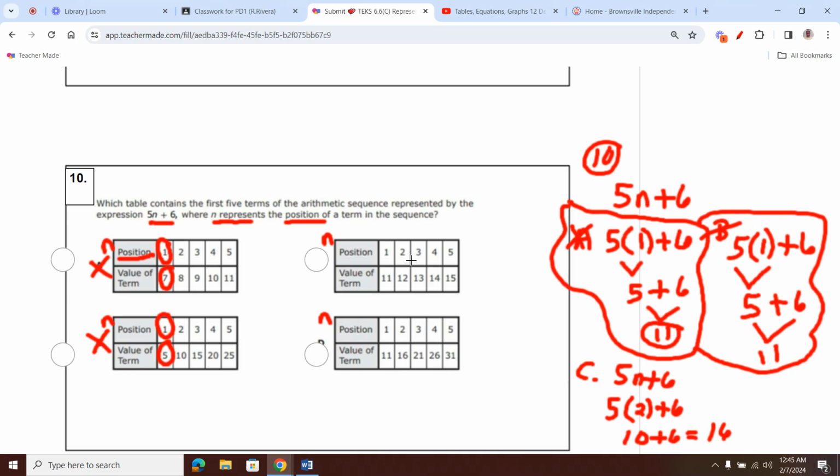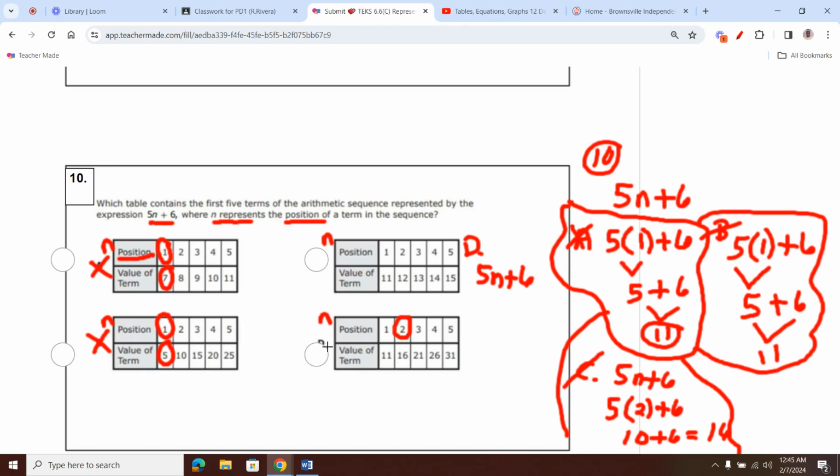So look at this one. 2 and they put what? 12. That's why that one is wrong. Now check it out. 2, 16. That should be right. Okay? Now check. A good student will check. D. Write your equation. The n is going to become 2.